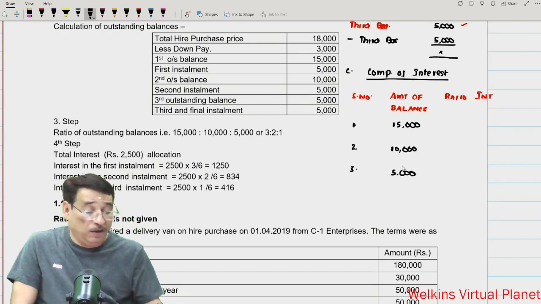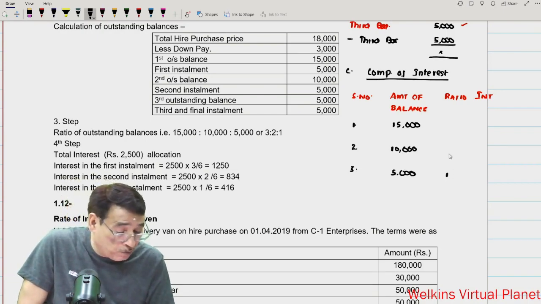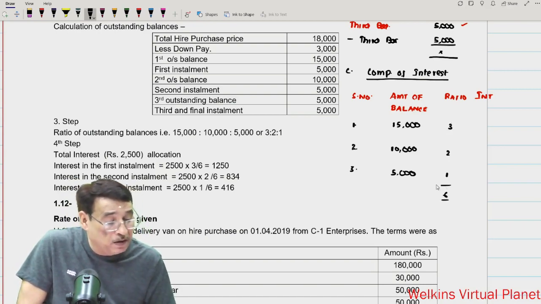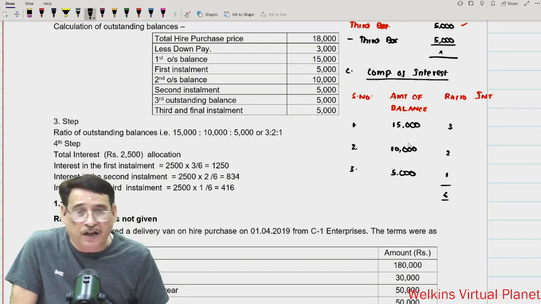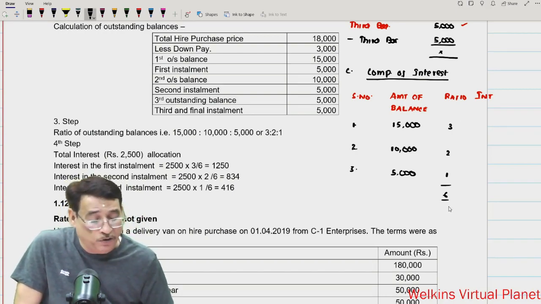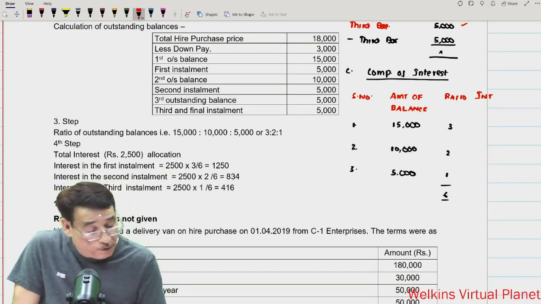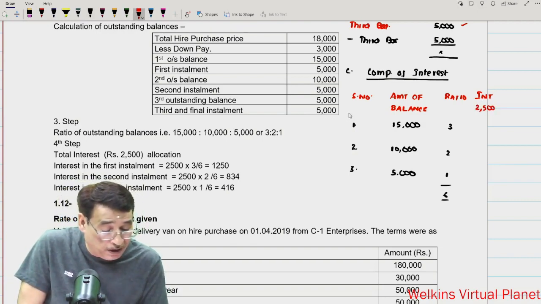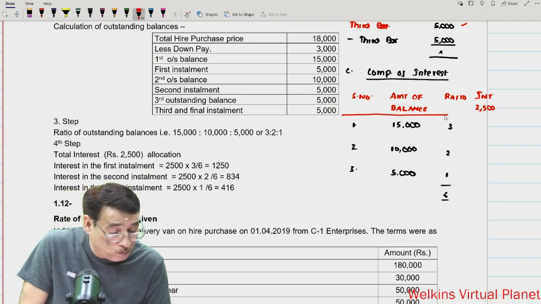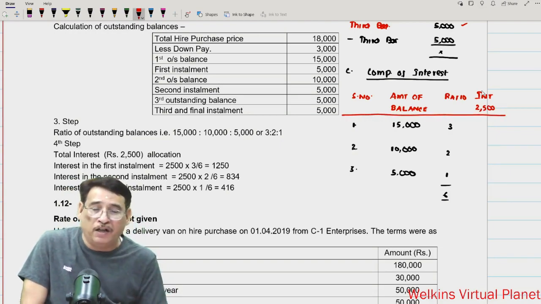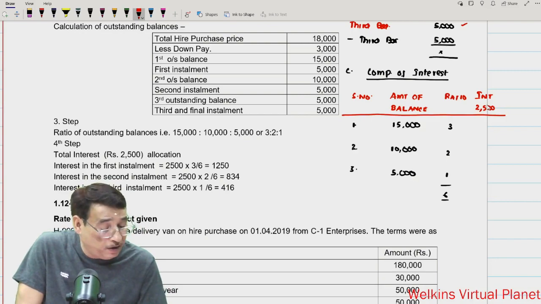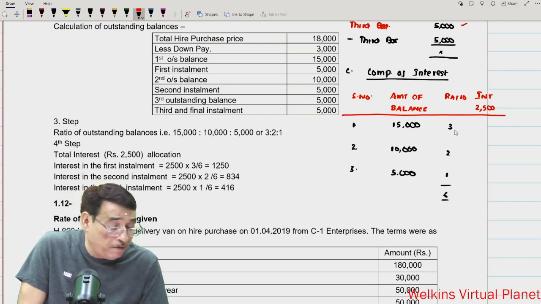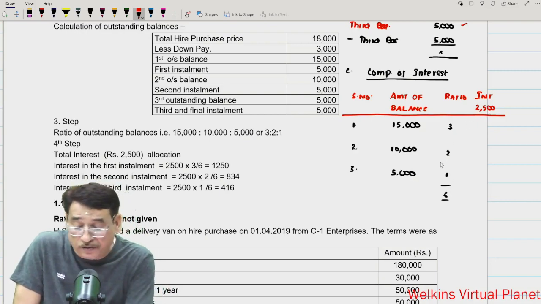Correct? Now you take the ratio. The ratio is 3, 2, 1. What is the total? That is 6. Now you divide the interest in this particular ratio. For example, your interest amount was 2,500, which you computed earlier. Correct? Now 2,500 into 3 by 6, that is equal to how much?